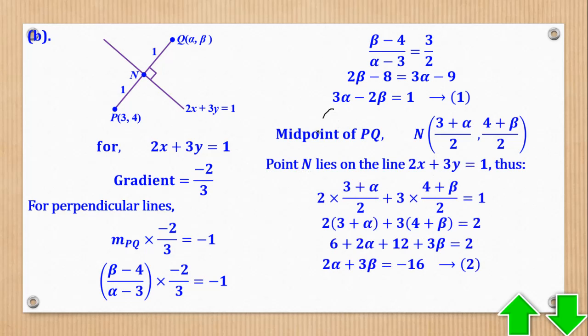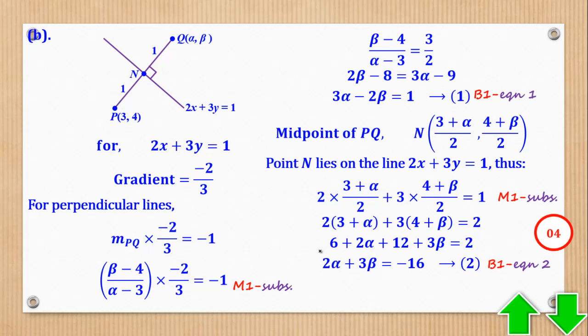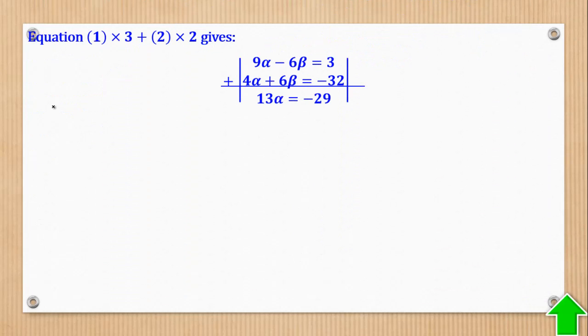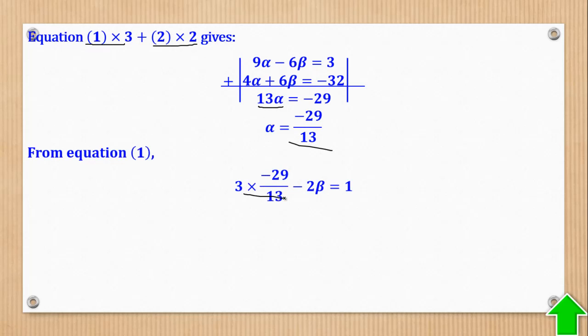So now I have two equations and two unknowns, meaning I have to solve them simultaneously. So equation 1 times 3 plus equation 2 times 4 gives you this, therefore alpha is that. And from equation 1, substitute for alpha and get the value of beta. And that's what they wanted.